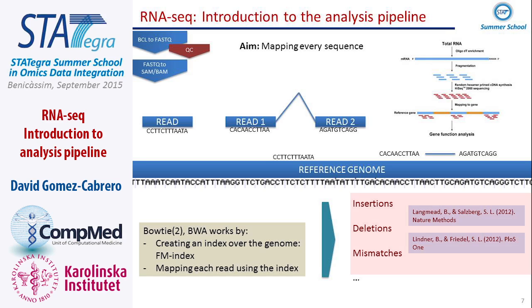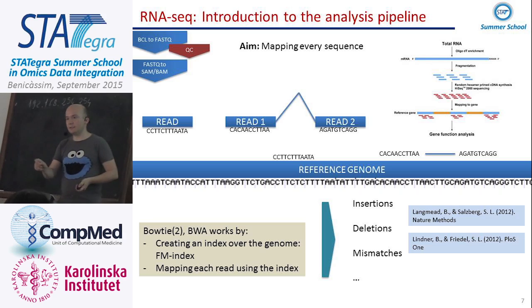When doing the mapping, this is the ideal situation, right? But this is not perfect. We can have insertions, because every one of us has a different genome. We can have deletions, we can have mismatches, either because we have a genotype, or because the quality of the read is not that good. So in addition to these 3, you have a quality saying how good is this mapping.